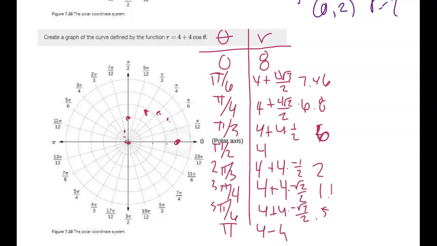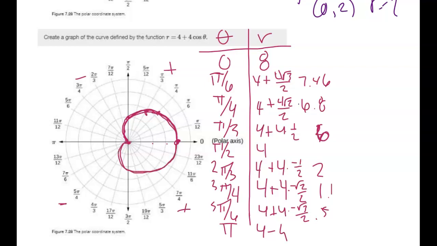So if I track this along, it ends up making kind of almost like this little bubble right here. And then cosine is symmetric on the other side, right? So cosine's positive here and then negative here, which is why that 4 and then minus it is getting all the way in the inside. Again, cosine's going to be negative here and positive, so we're going to end up having symmetry like this.